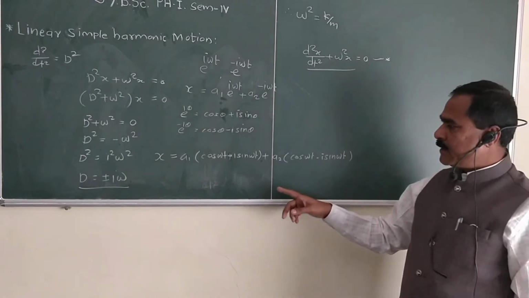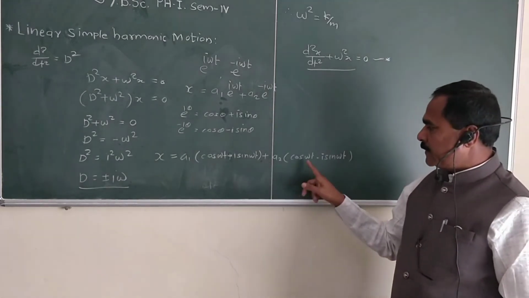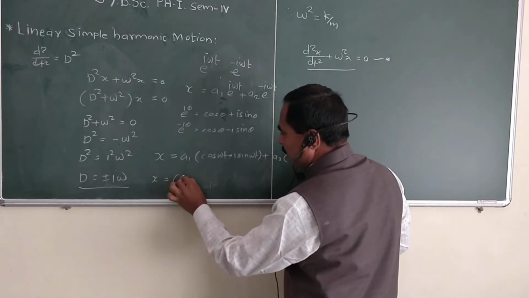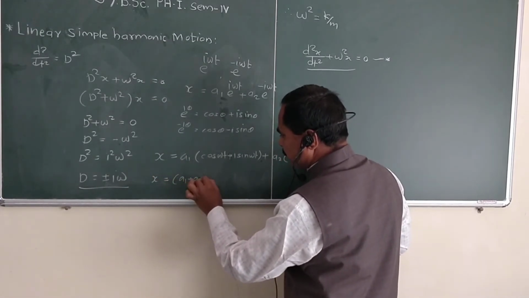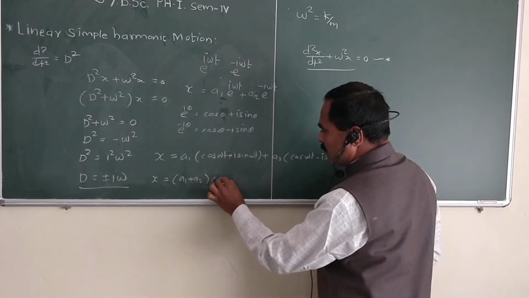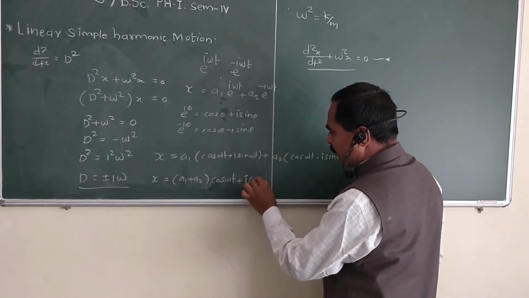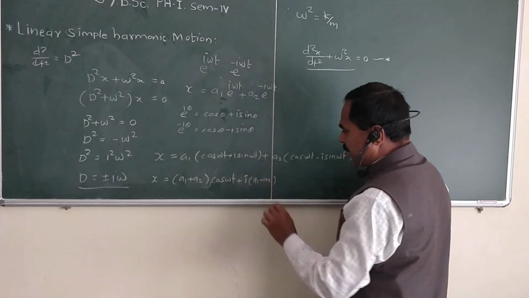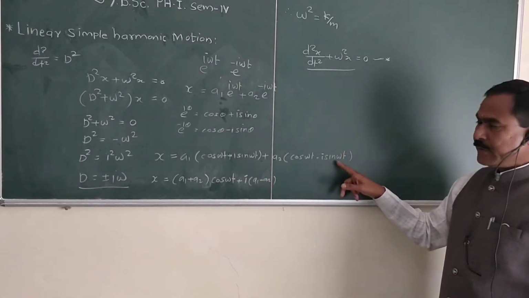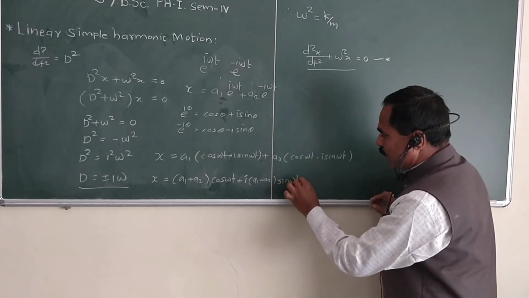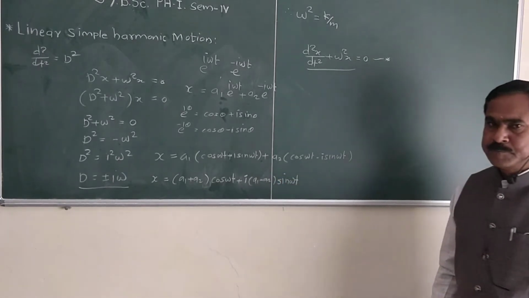Right? In the next step, we take common cos omega t. Okay? Therefore, write here x equal to (a1 plus a2) into cos omega t plus we take i times (a1 minus a2) common, and then we write sin omega t.